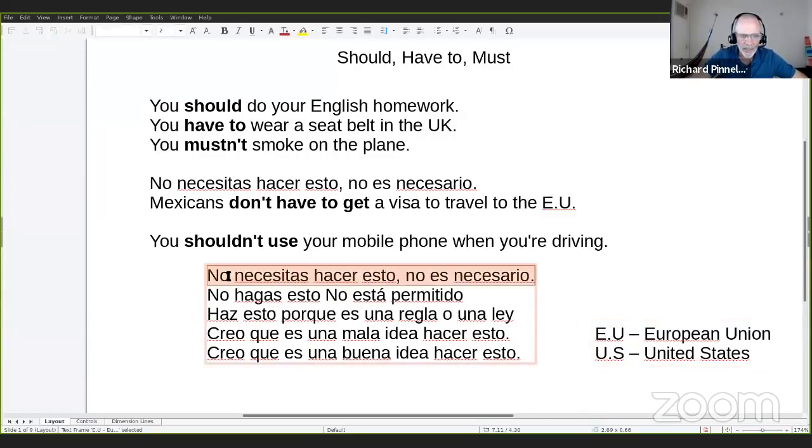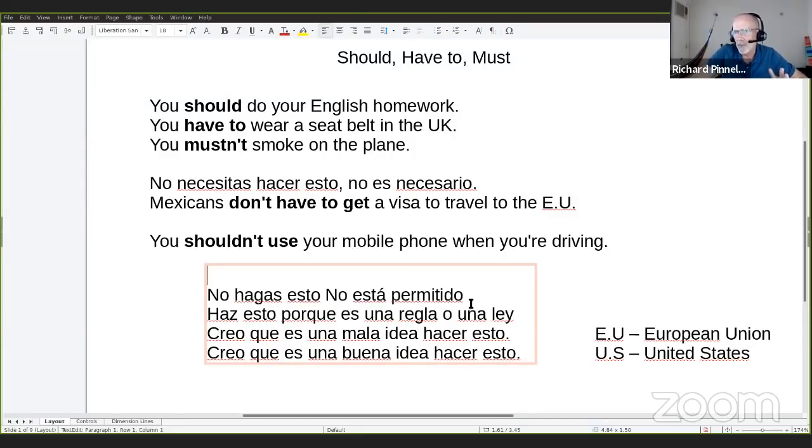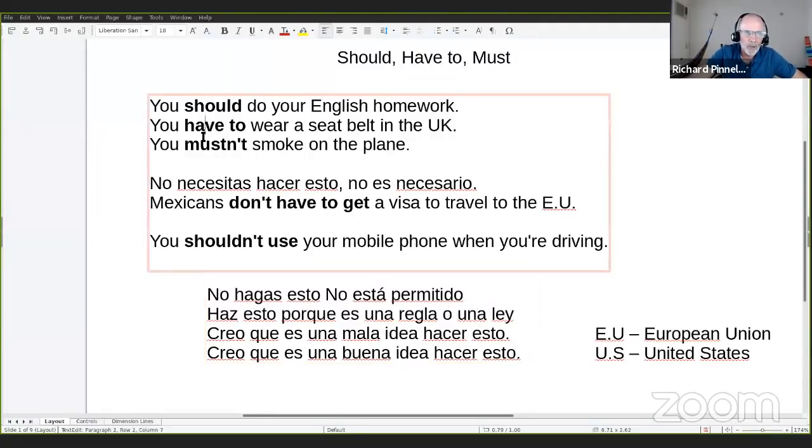Okay, the next one is then, ¿cuál de los que quedan no hagas esto, no está permitido? O en otras palabras, está prohibido. ¿Cuál de esos? Should, have to, mustn't, or shouldn't? Mustn't, yeah, very good.